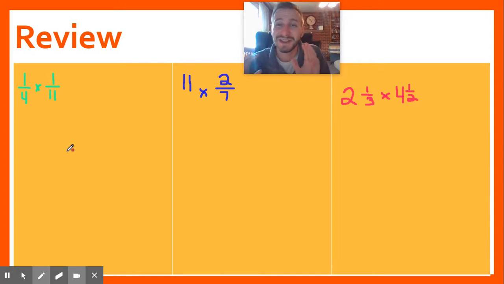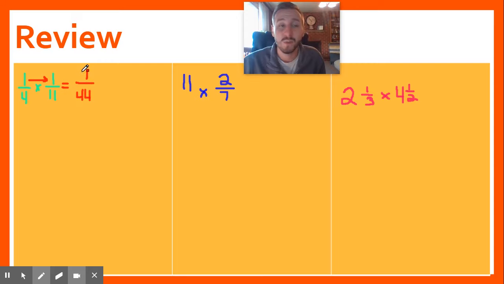Okay, so let's try out the first one. This first one says 1/4 times 1/11. Our fractions are already lined up, so all we need to do is multiply straight across. Multiply our numerators. 1 times 1 gives you 1. 4 times 11 gives you 44. So we write a 4 and a 4.